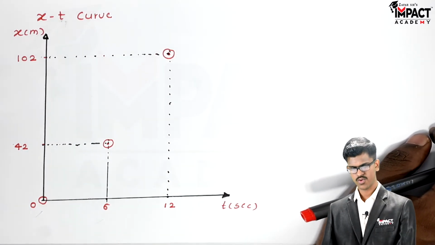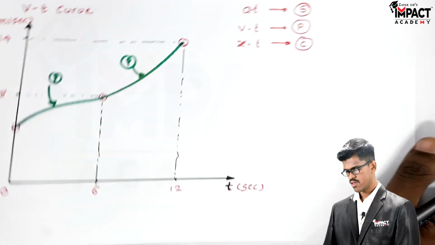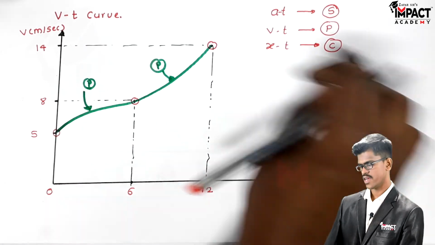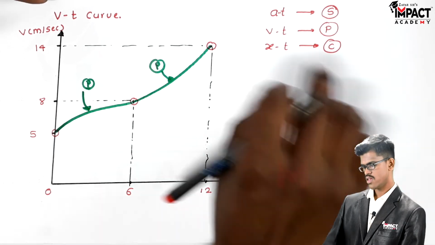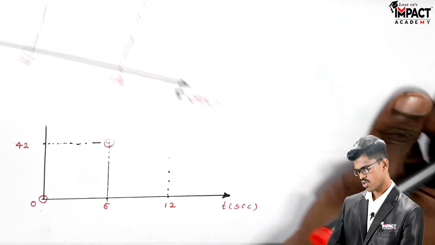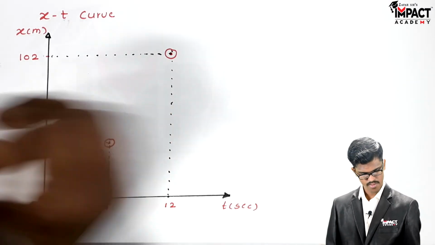Okay, now we have to plot a curve. We initially see that if the a-t curve is a straight line, then the v-t curve is parabolic in nature, then the x-t curve will be cubic in nature. So we simply draw a cubic curve here.